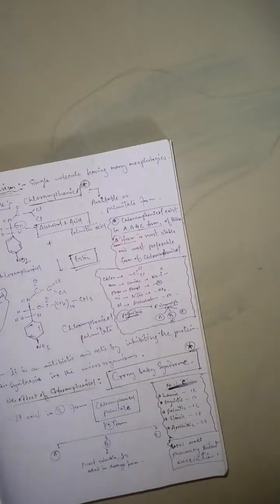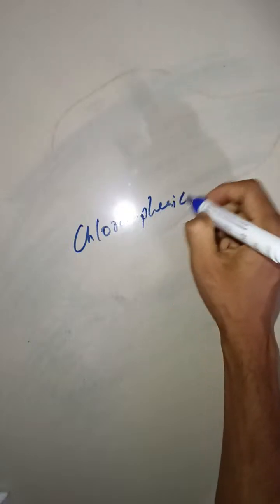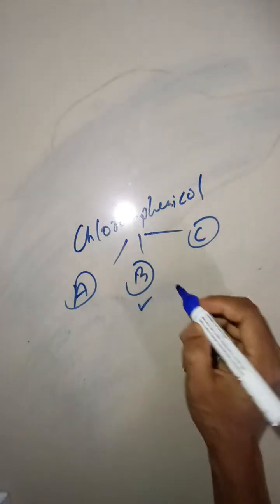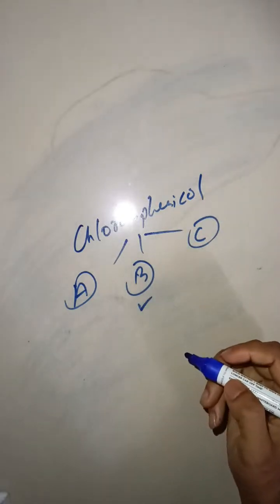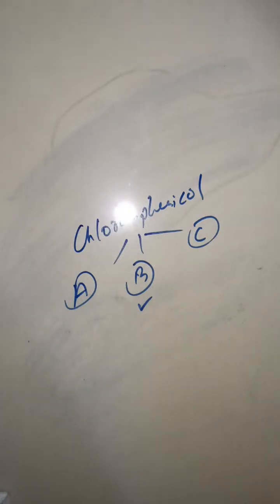What are the different types of chloramphenicol that exist? Three forms: A, B, C. Out of this, B is the most stable form and most preferable form.